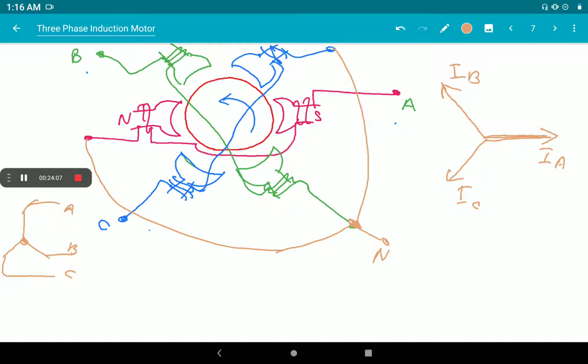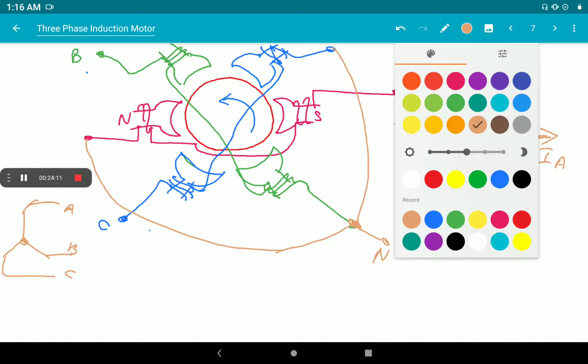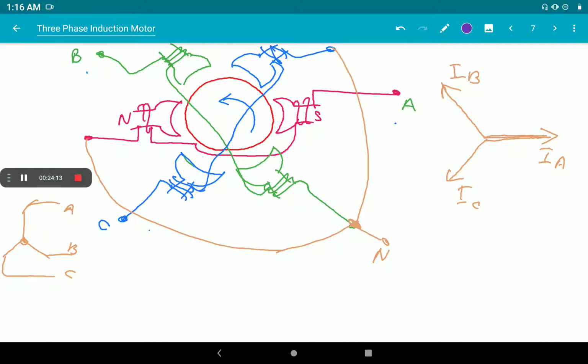Now we can represent these 3 in a waveform. Okay. So here I will represent a waveform. So we can draw the waveform like this.